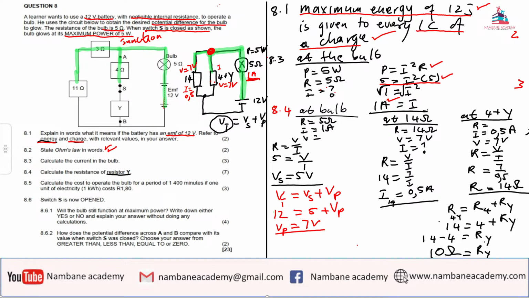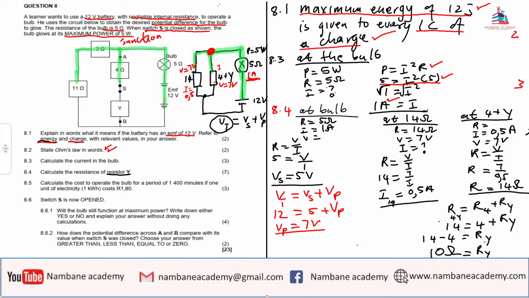The fact that I saw that the current passing through the 3 ohm and 11 ohm is the same, I combined the two because it's parallel. I combined 4 plus y because they are in series with each other. Then it looked simple because I have two resistors in parallel and one resistor in series. And now that becomes a basic way of doing things.